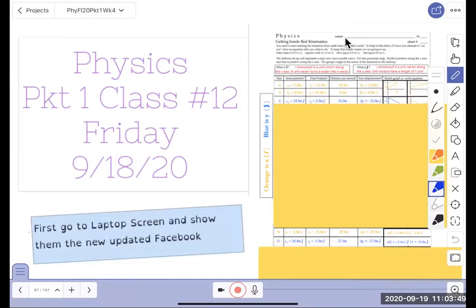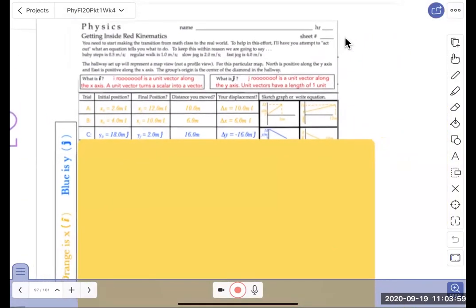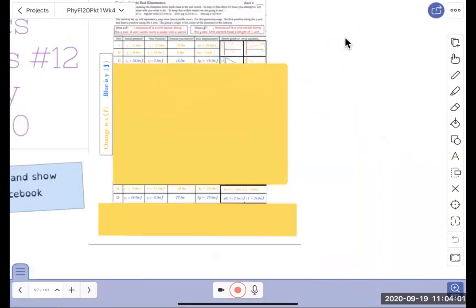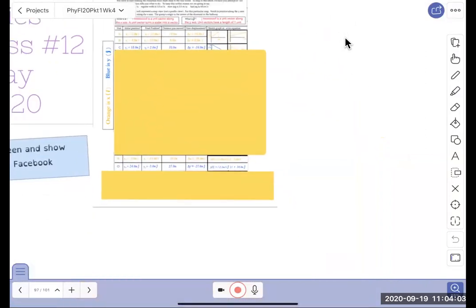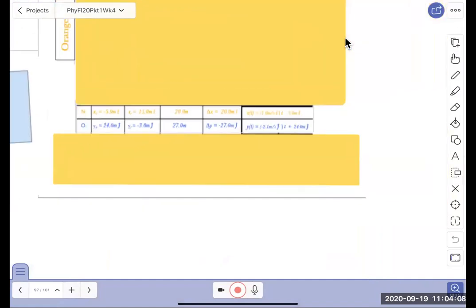I also want to show you that here is the key. It's been redacted, censored for now, but here's the key to sheet 1.4. Kind of just so you know the format I'm looking for. And then for the ones that were graphs, you turn them into lines. That's the format I'm looking for.